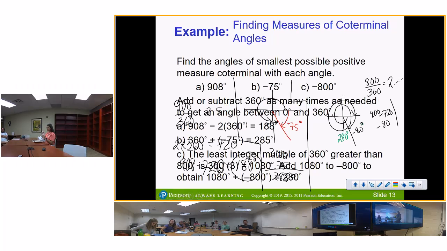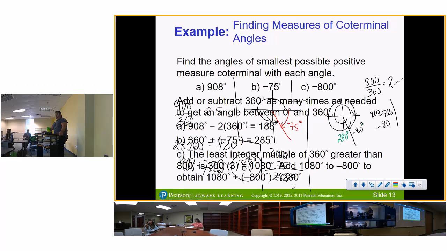Okay, they wanted the other one, 280, which we always reference both. But in this case, they wanted the reference angles, not the negative. They didn't want the negative 80, they wanted the 280. Capiche? Just like here, the 285, they want the positive reference angle. Anybody got a question on those?